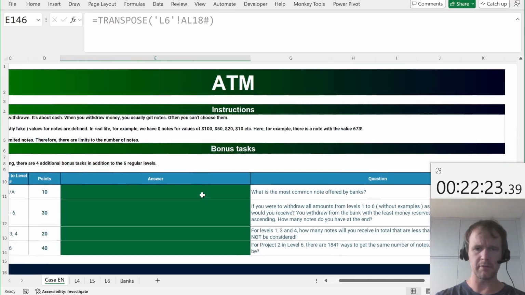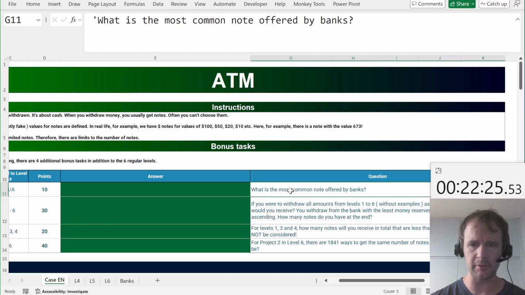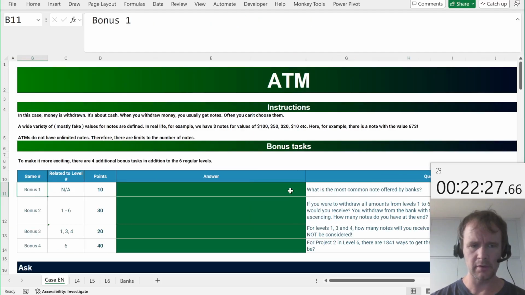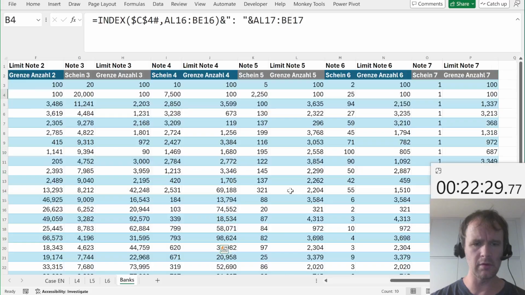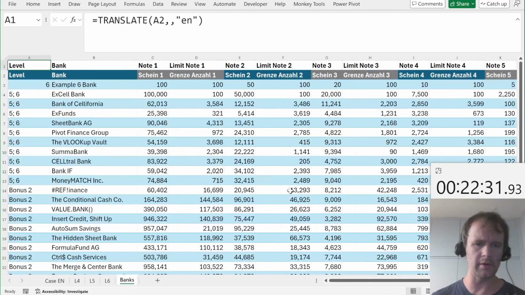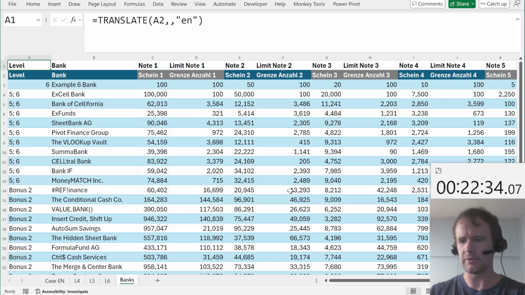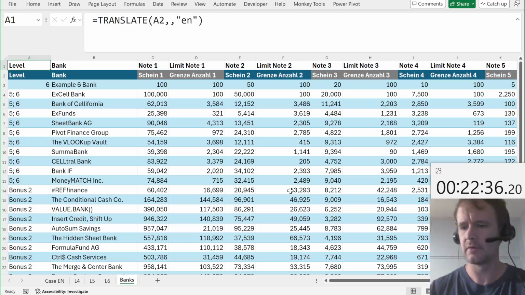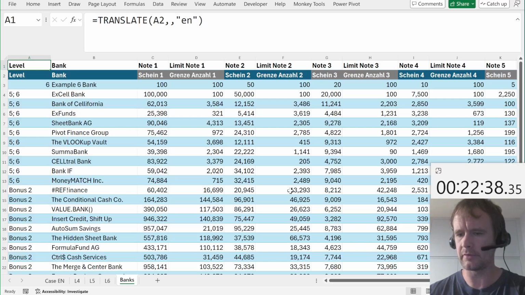Okay, let's look at the bonuses quickly because we're almost out of time. What is the most common note offered by banks? Okay, hang on one sec. I remember Jean sent me a message saying a clarification on one of the bonuses. It didn't make any sense to me, but now it probably will if I can find it. Here.